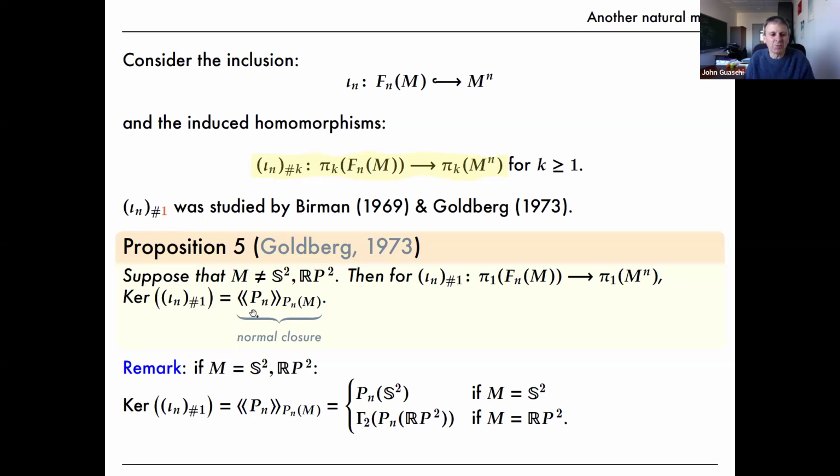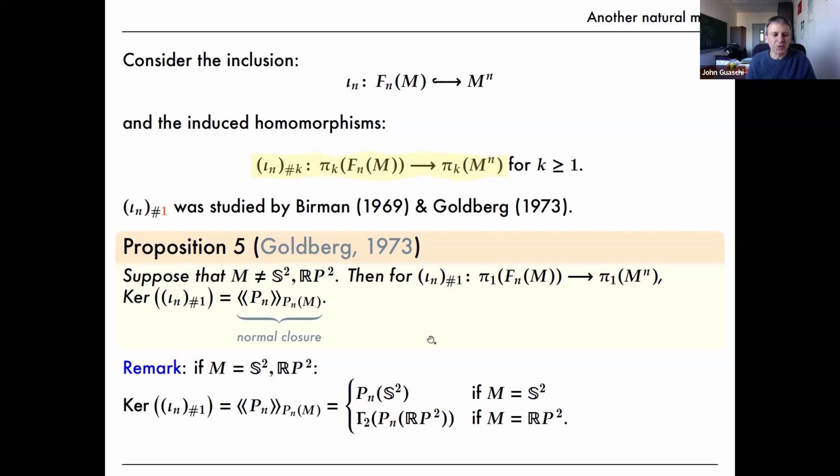So it can be viewed this way: you're always embedding a topological disk in M, and that gives you a homomorphism from the braid groups of the disk into the braid groups of your surface. So you can view Pn as being, in some sense, a subgroup of Pn of M. And if you take the normal closure of Pn, it turns out this is exactly the kernel of this homomorphism.